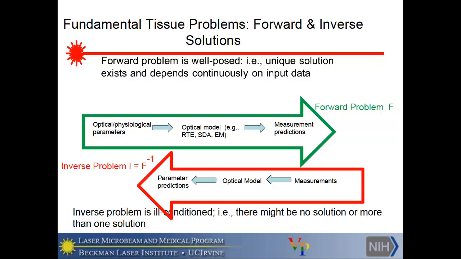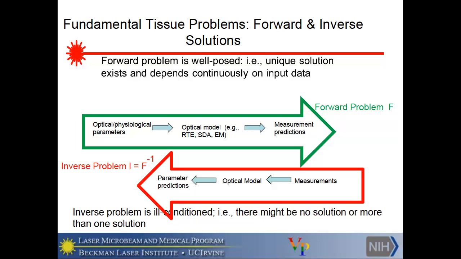So green arrow points this way, comes back this way. And the inverse problem is an inverse of, I've called it F, the general forward problem, and F inverse is the inverse problem.